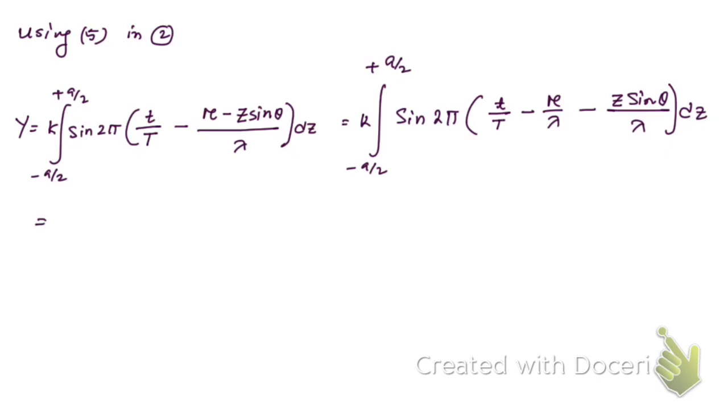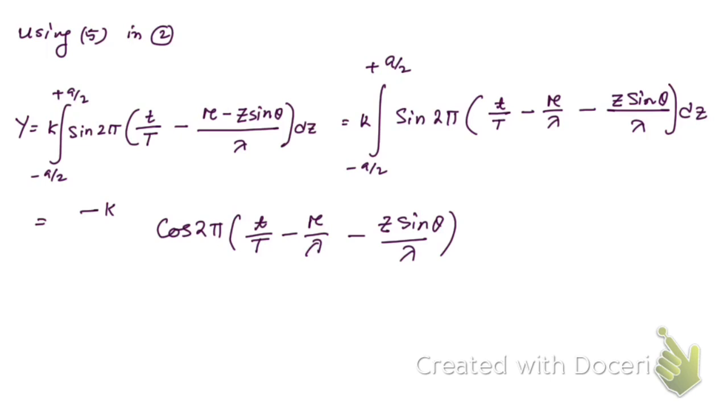So here we're going to write minus k lambda, and I will explain it later. Instead of sine we're gonna get cos, with a minus sign before the k, then small t by capital T minus r by lambda, then minus z sine theta by lambda.